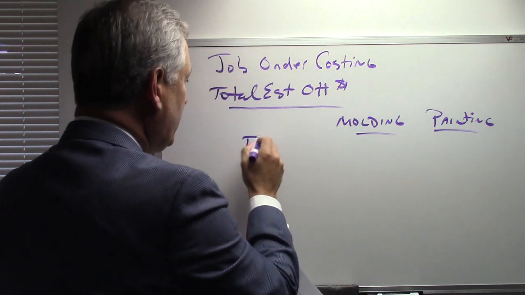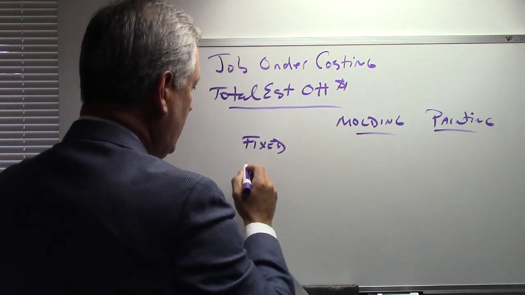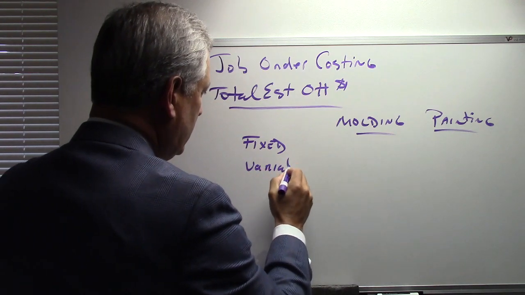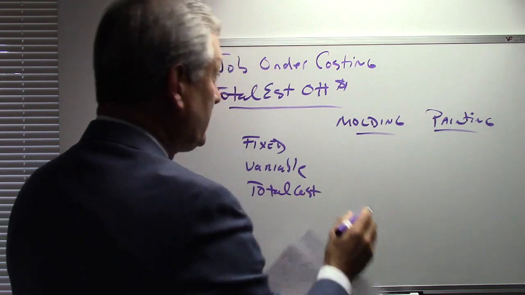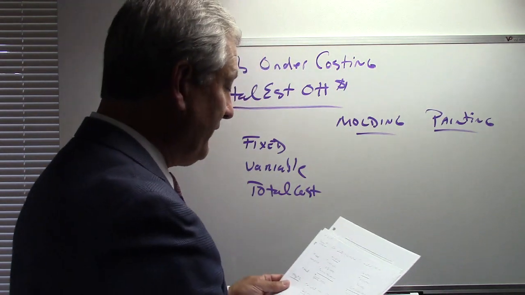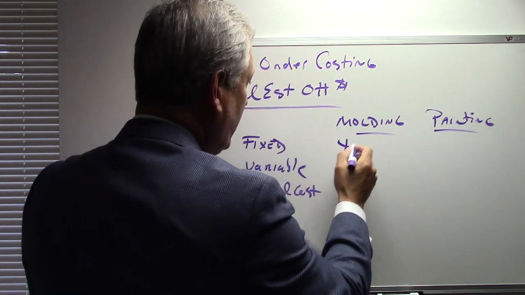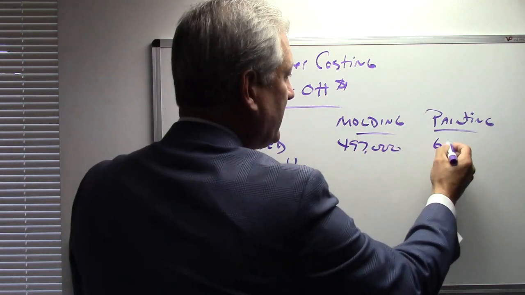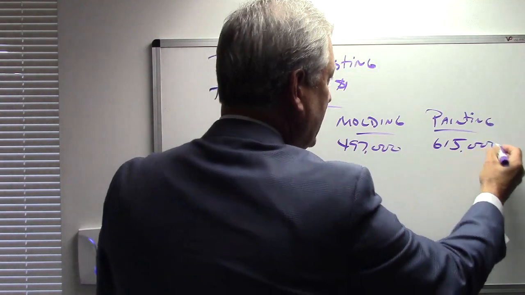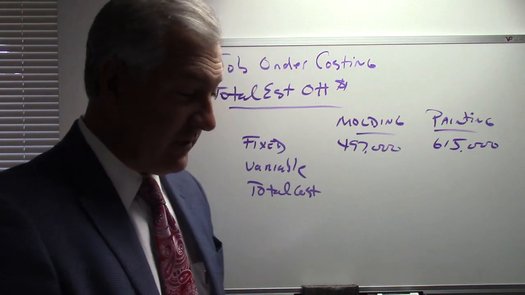It's going to be fixed plus variable equals total cost, or total estimated cost. So for the molding department, they said it was $497,000 in fixed cost and $615,000 for the painting department. So that's the fixed cost.